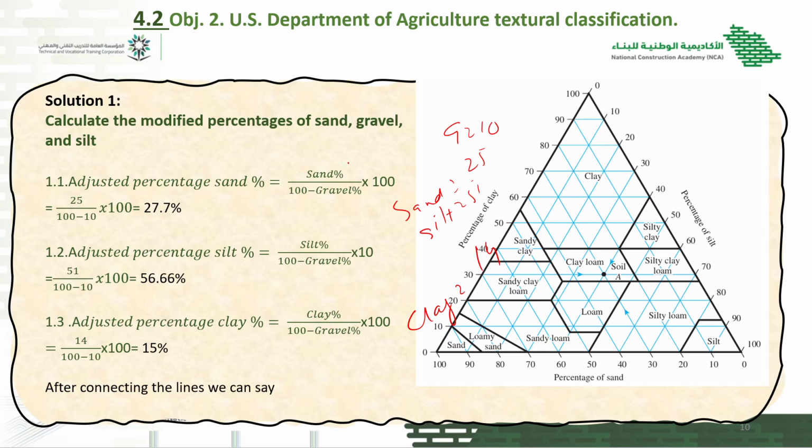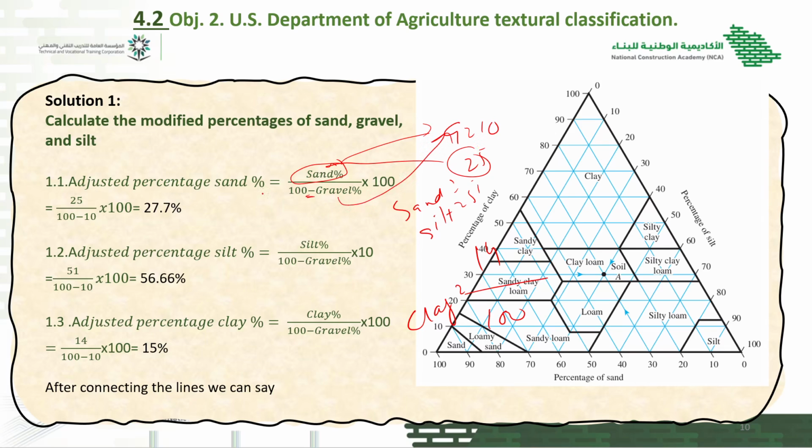Now adjust the percentage. First we write the value of sand: sand is 25, divided by 100. What is the total percentage? 10 plus 25 plus 51 plus 14 is equal to 100% of the soil sample. So from the total, we should subtract the value of the gravel. How much is the gravel?